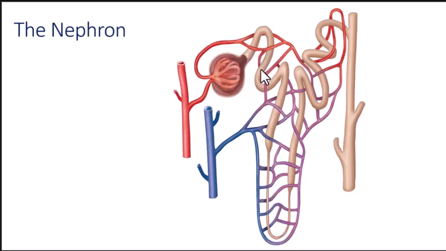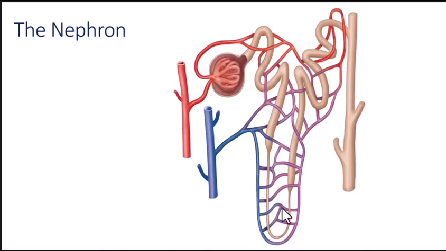Then it runs through the proximal convoluted tubule, the loop of Henle, the distal convoluted tubule, and the collecting duct, which will then join in with the renal papillae, or the pyramid papillae of the kidney, and then it will work its way through the collecting system to eventually leave the kidney. We also have this peritubular network of vessels that runs around, and it's going to be reabsorbing fluids and solutes that we want to keep, returning them to our circulation.